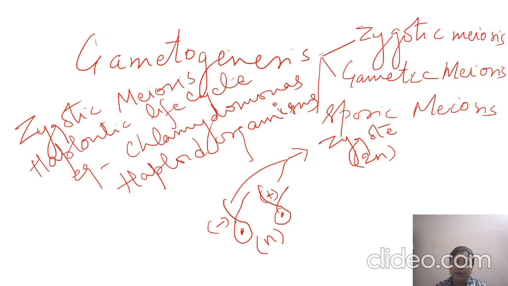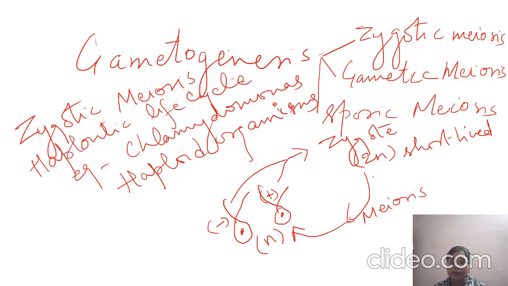Now this zygote stage is a very short-lived stage, and this zygote, by meiosis, will give rise to Chlamydomonas. These Chlamydomonas will divide and give rise to Chlamydomonas by the asexual method.